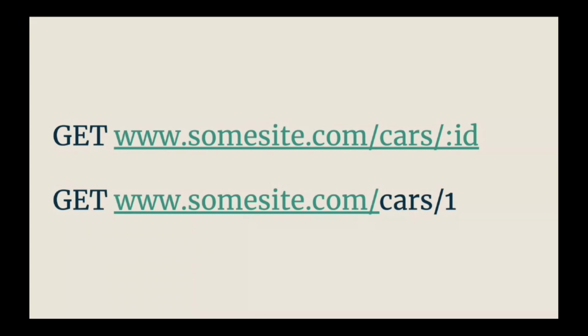So if I made a GET request to www.somesite.com/cars/James, and the database saw that there was some sort of error because there's no car with the ID of James, then sometimes it'll be smart enough to try some other function that maybe James would work for. Maybe it would be all the cars that James owns.